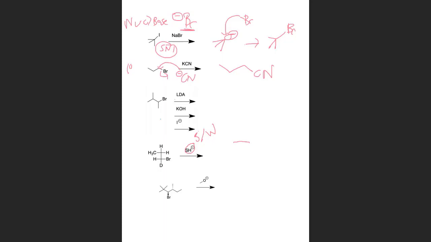There is a CH3 sticking out like this, and we have deuterium like this, and we have Br in the back. It doesn't look like it's too sterically hindered. So we're just going to do a backside attack like so, and we're going to form this structure right here.